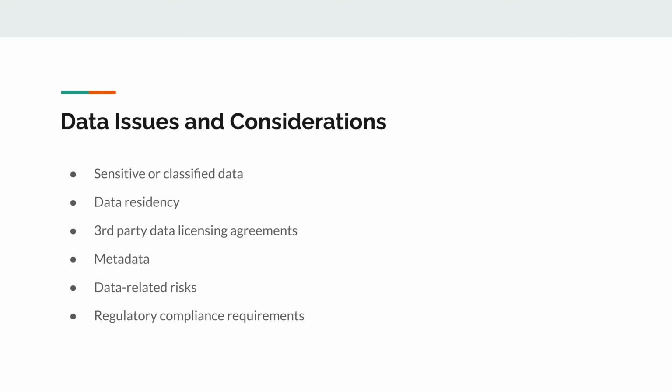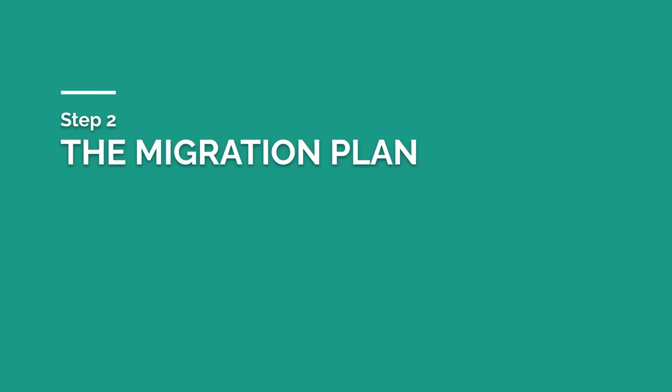Also, regulatory compliance requirements. We do have to consider if there's any in place that might have to be part of our migration strategy. Data security rules or regulations. I've already mentioned the IT department and their possible oversight over the GIS department. If there are any rules in place, this is where they have to come in when we're planning this part.